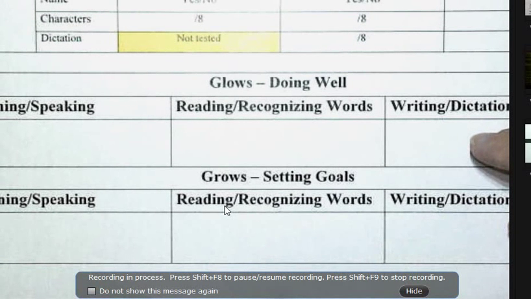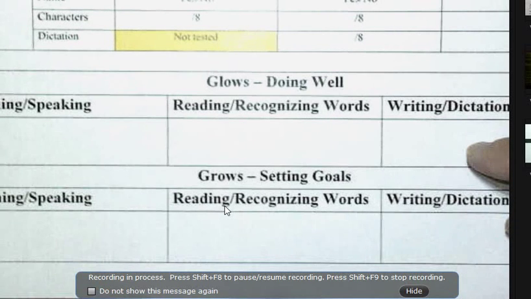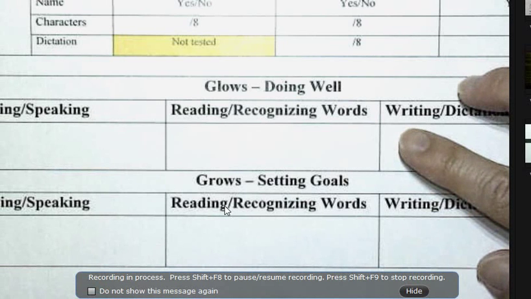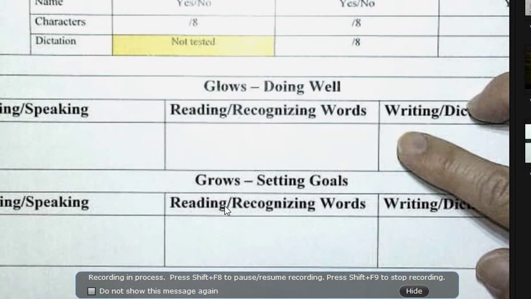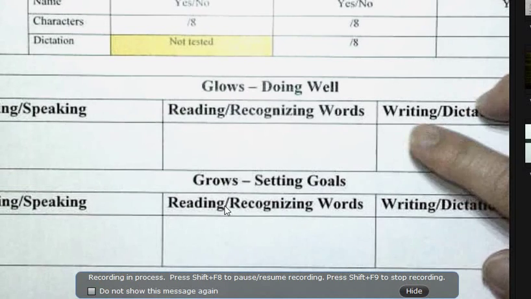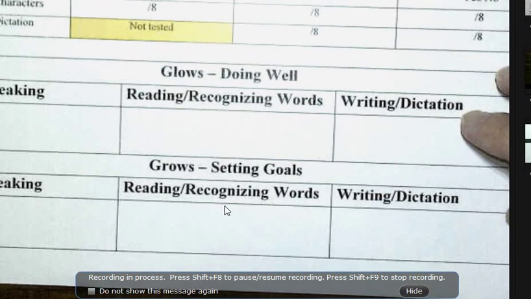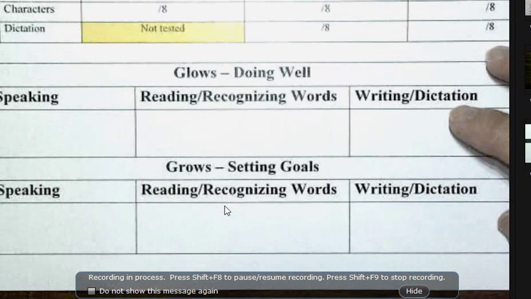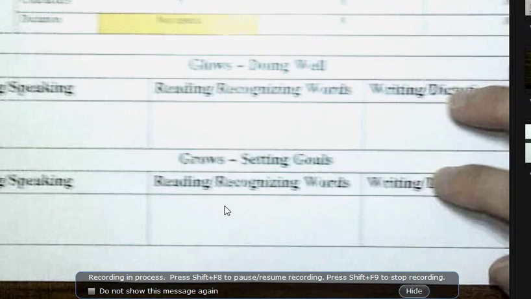Many of them are speaking and listening and participating, so that's great. Some of them may not say so much, but when they look at words, they have really good memory. And some have really nice and neat writing, and that's really good too. So just setting goals and where they shine, their strength right now.